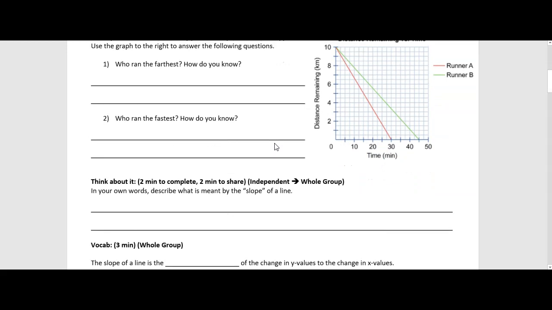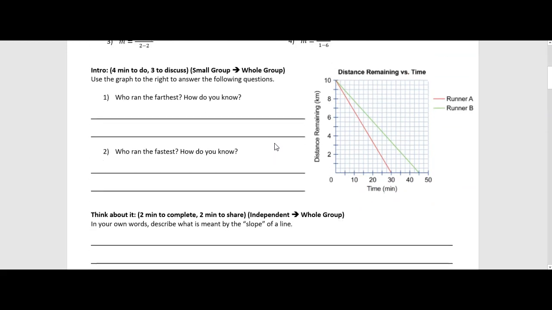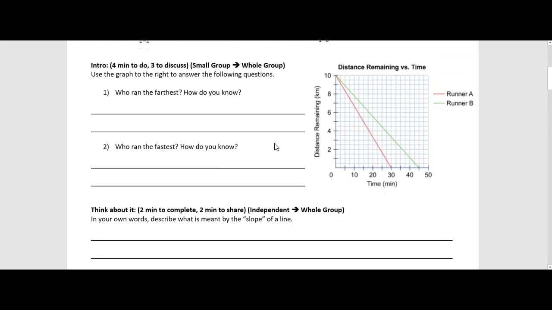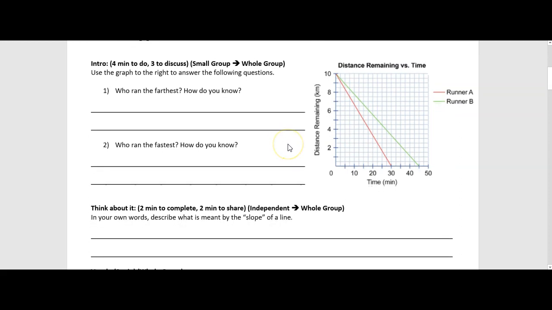Feel free to read questions 1 and 2 and try to answer them based on the graph. All right, so we have a graph. We're looking at runners A and B. They're both running a certain distance, and it shows us their time along the x-axis. So question number 1 says, who ran the farthest? How do you know?